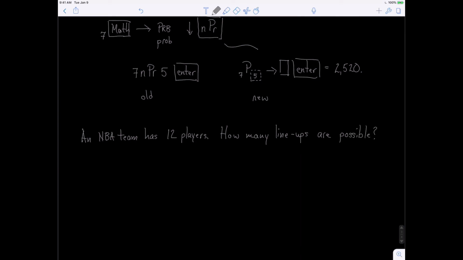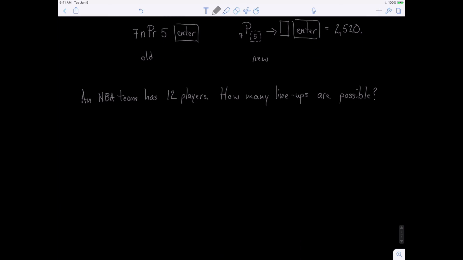Well, let's take a look. Remember, when a team plays, there are only 5 people on the court at any time. So we would just have 5 slots, 1 for each position.